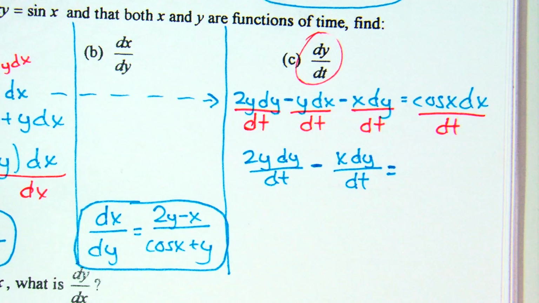My right already has cosine x dx dt, and what am I moving over to join that? It was a minus y dx dt, so I'm going to add y dx dt.